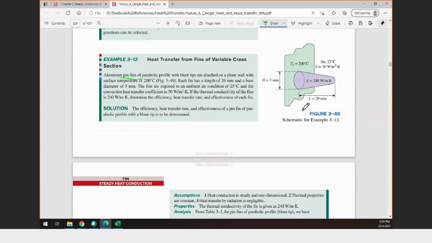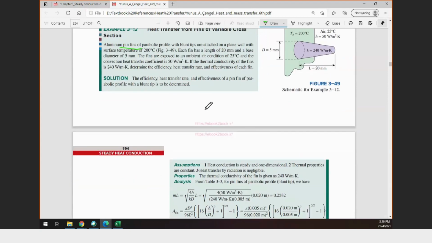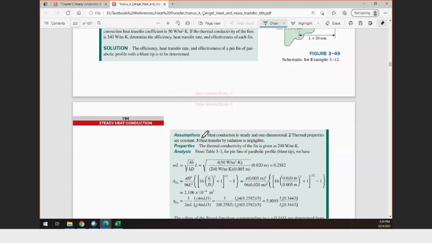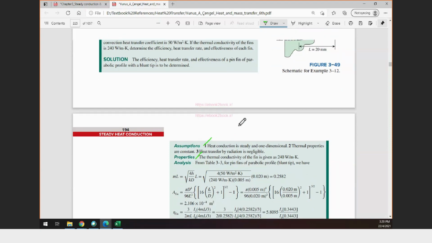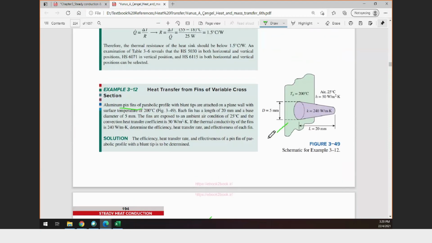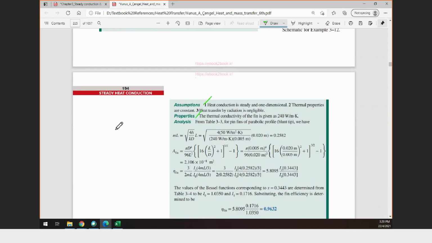So what is the calculation? They give you assumptions and properties. In fact, originally they should draw the geometry diagram first, second the assumptions, third the properties, and then the analysis.